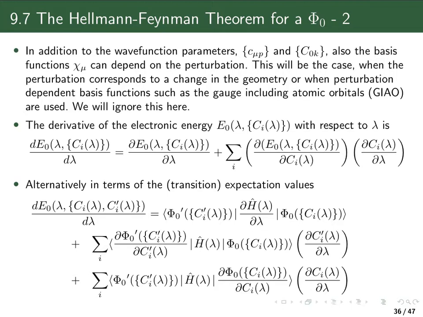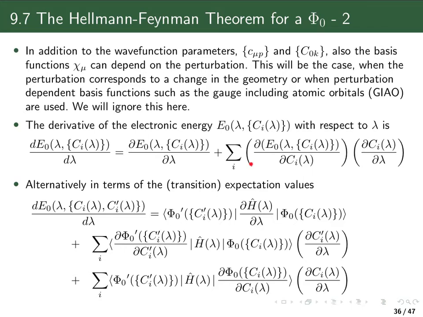Now, if we use the expression as we had on the slide before, where the energy is calculated as this transition expectation value, then the derivative can be written in this way, because the direct derivative of the energy is then actually the derivative of the Hamiltonian with respect to the parameter lambda.